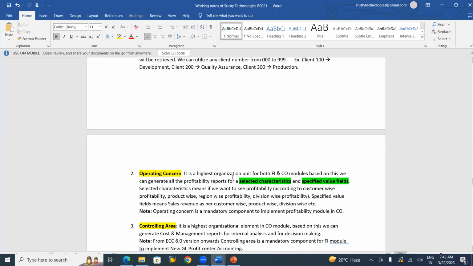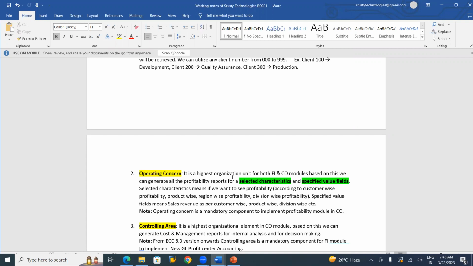Whenever we do an end-to-end implementation, we implement the FI module, CO module, and MM module. If we want to implement MM, first we implement FI and CO, so the organization structure will be defined in FI and CO itself, not in MM.